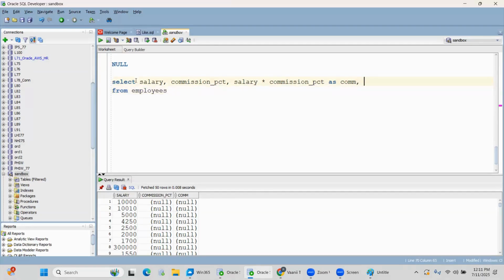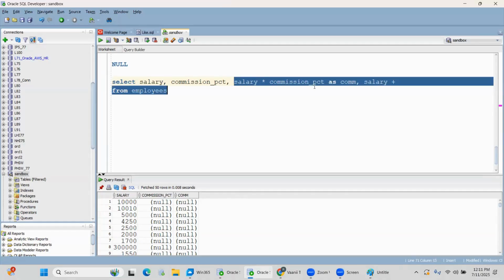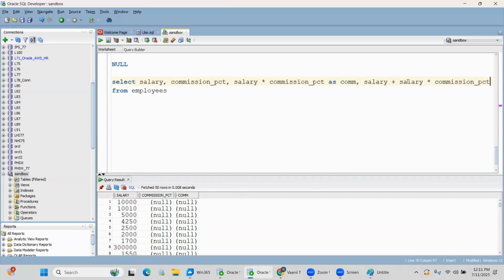I have to add the salary, right, and the commission, so this is salary into commission percentage. And now you can give an alias as total salary. Guys, I am making it a little bit more advanced, so if any one of you is not understanding the concept, you can let me know.